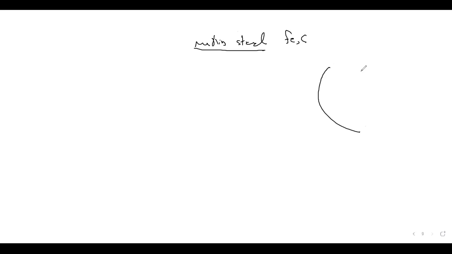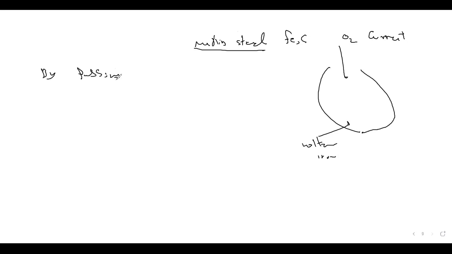So in the oxygen converter, we have molten iron, and then we pass an oxygen current on the molten iron. What will happen? Impurities are oxidized.